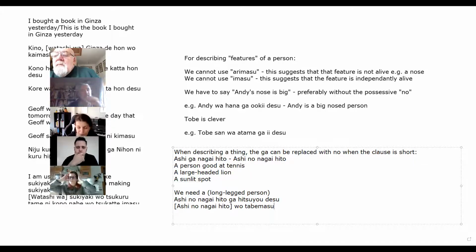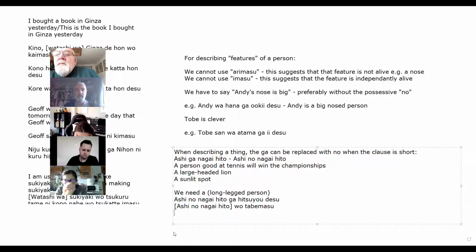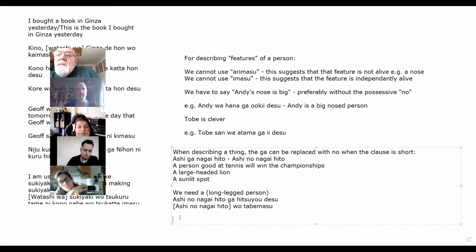Okay. Yeah. So let's look at this one here. A person good at tennis will win the championships. Now you could use tennis ni jozu.